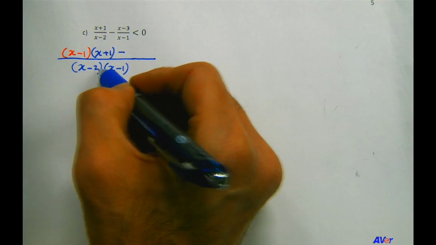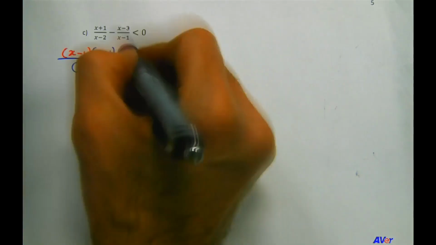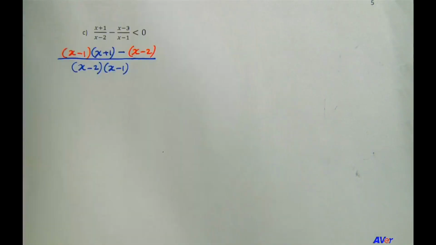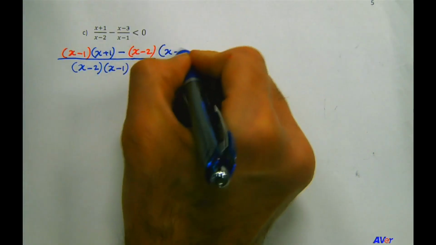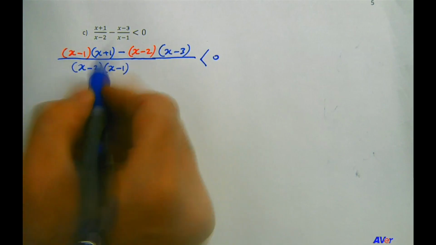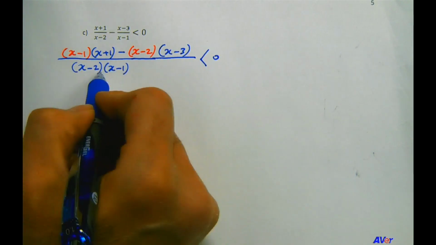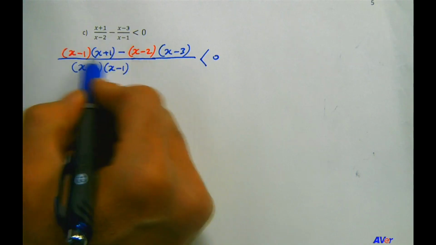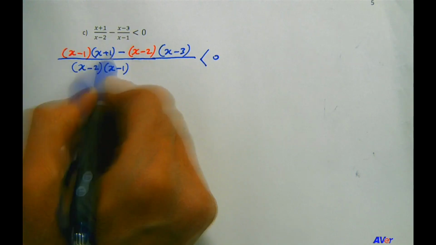That would be x minus 2. Okay, less than 0. So now we've got to simplify the numerator. The denominator is happy because it's in factored form.